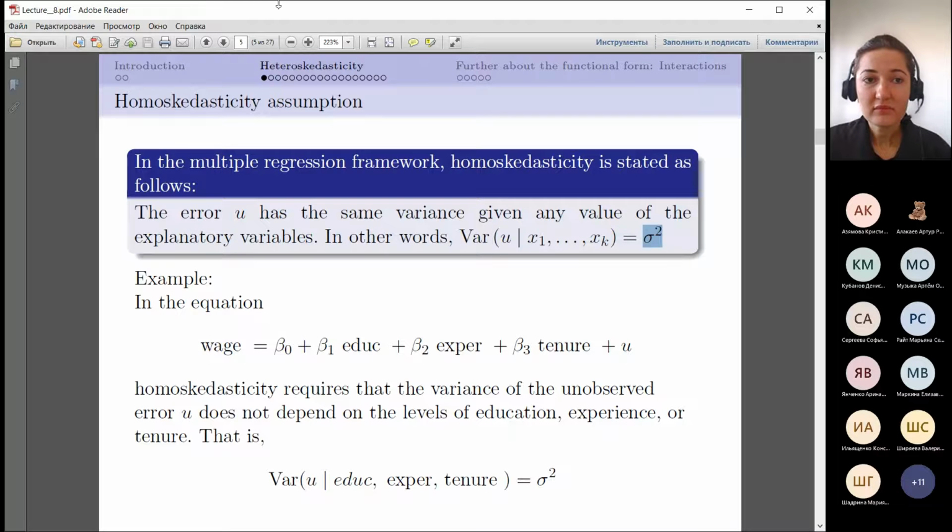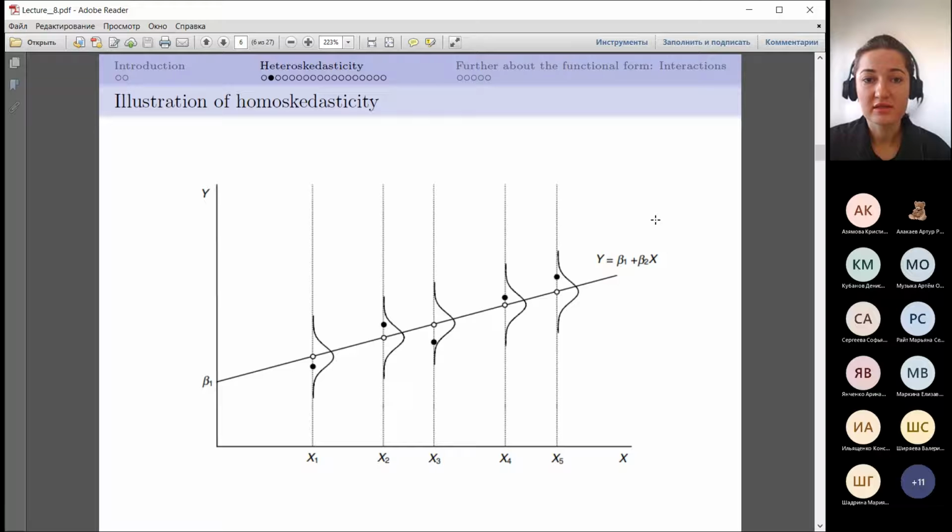And let's illustrate this in some graph, how it looks like. For the sake of simplicity, we have some sample, here only 5 observations, a very, very small sample.